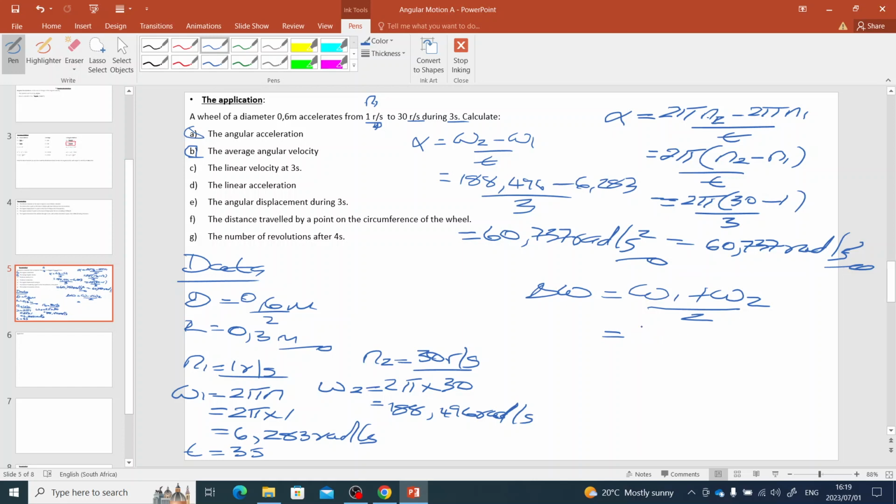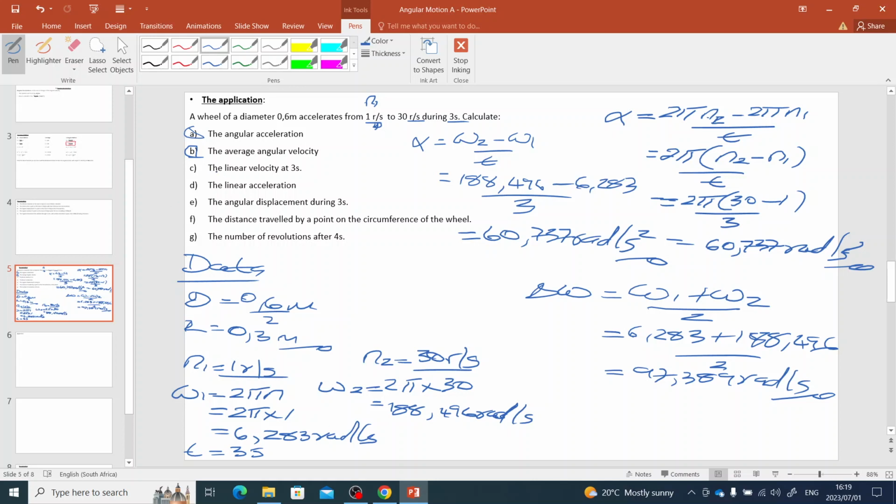Then it is 6.283 plus 188.496 divided by 2. Then we get our answer there as 97.389 rad per second. Right. That's how you approach that question, the average angular velocity.